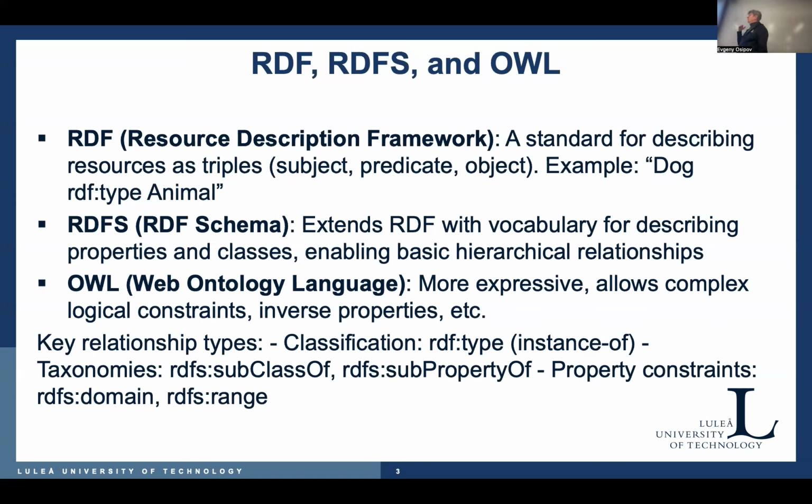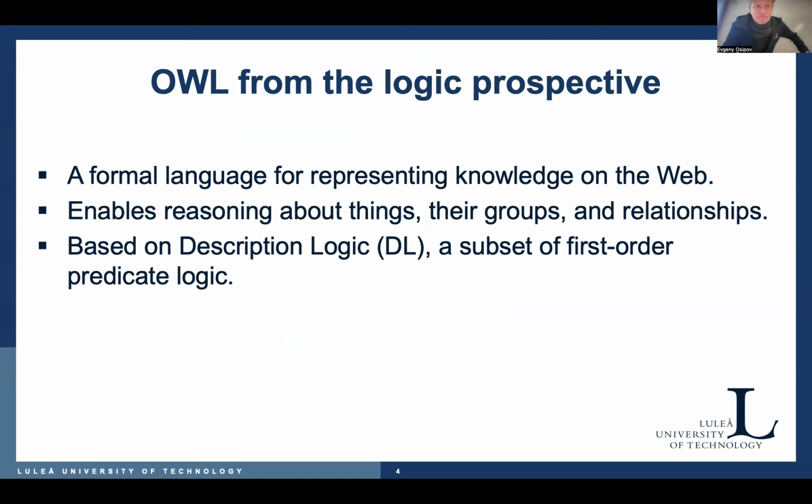OWL has behind it a logic concept, and this logic is called description logic. So this logic enables reasoning about the stuff that you describe in the ontologies, relations and such.